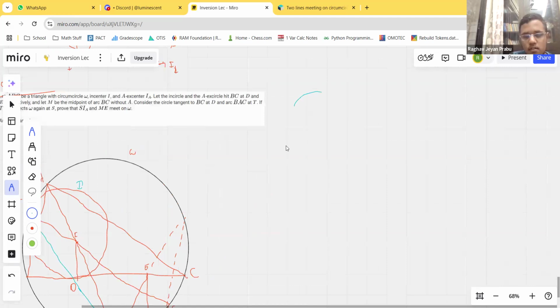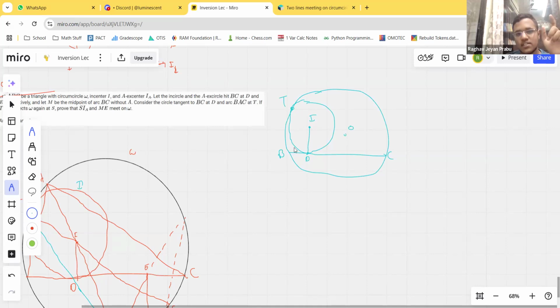So let's look at a circle. I have a chord and I have a circle tangent to this. Now, I'll just use the same thing, T, I, D, and O. If I take a homothety at T, which sends this small circle to the big circle, then it should map I to O, right? You agree?